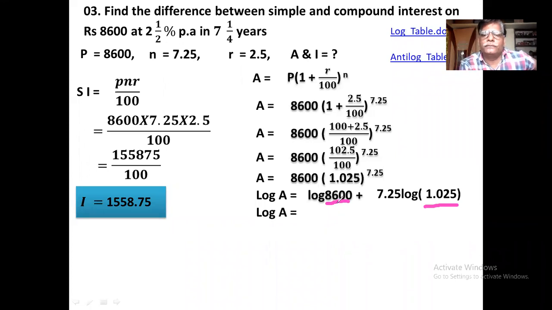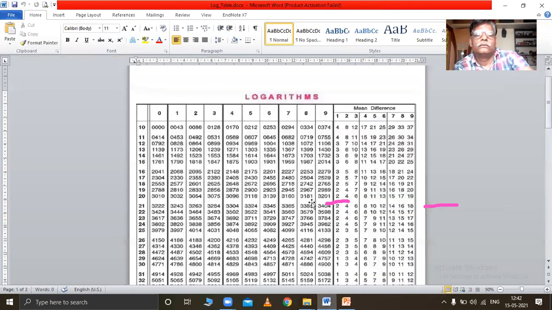Then you see 8,600 in the log table. 9345. This is my logarithm table.